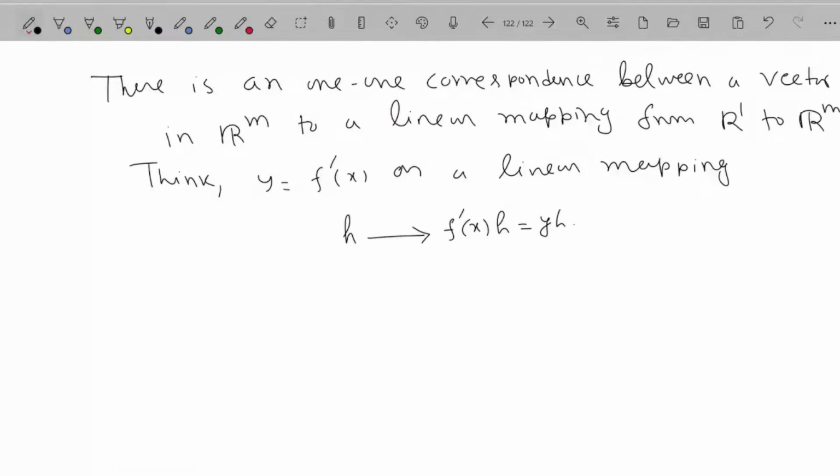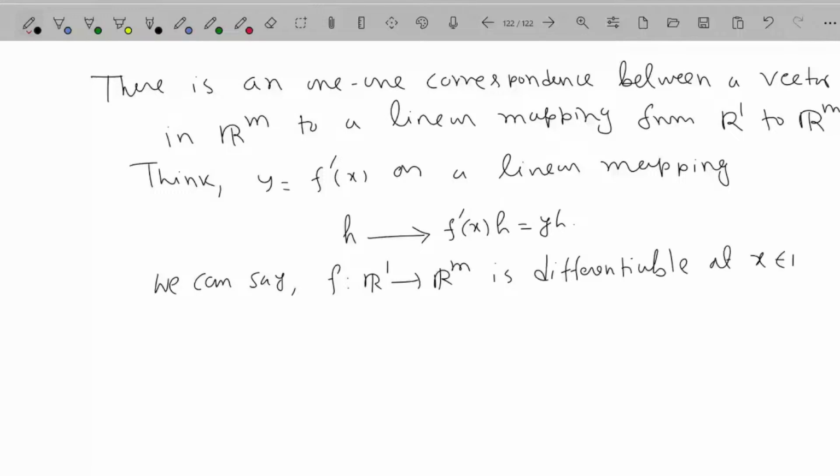We can say f from R1 to Rm is differentiable at x belongs to R1 if the limit as h tends to 0 of (f of x plus h minus f of x minus h into f dash x, or f dash x operating on h) divided by h equals 0.